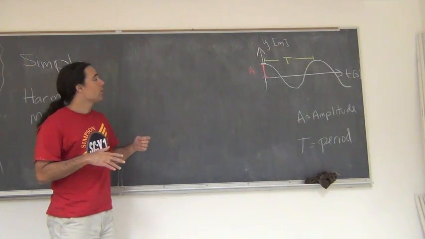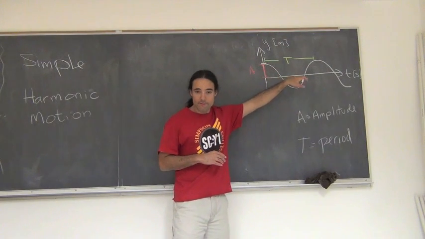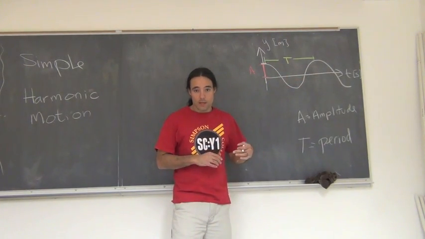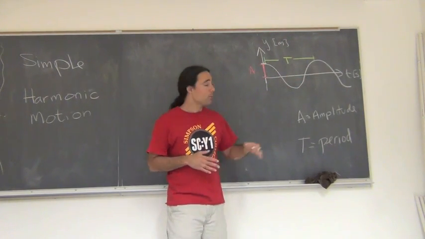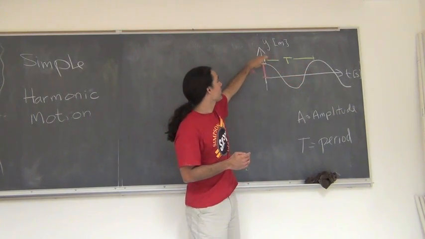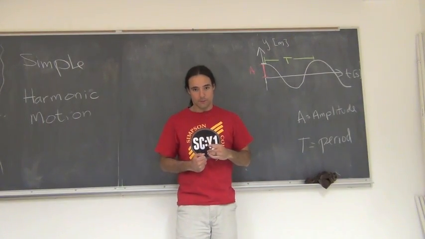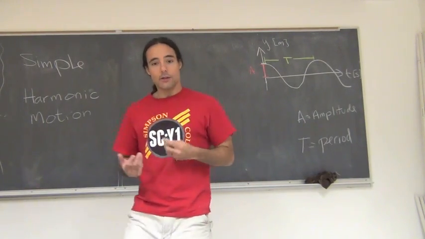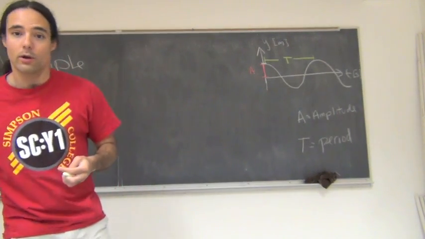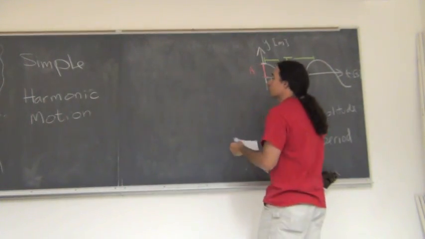Mathematically, we can describe this motion just by finding a function that fits the shape of that curve. Now there are a few functions that will do, but you may recall from high school mathematics that this is the shape of a sine or a cosine wave. So we're going to describe that in terms of a sine or cosine wave. And let's just write that down.